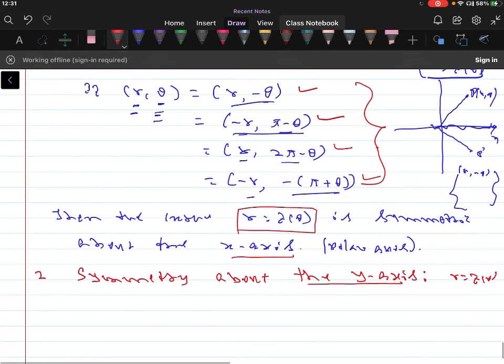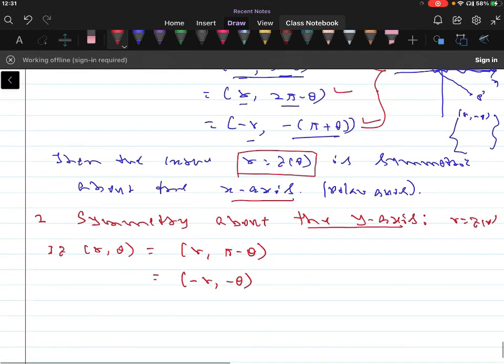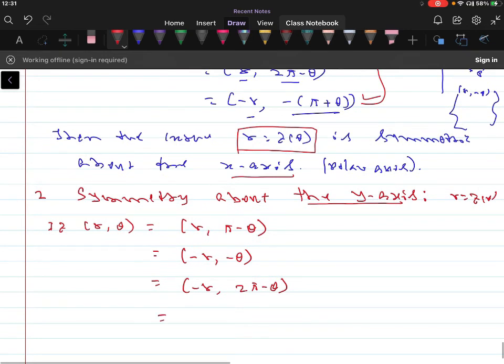Suppose the curve r is equal to f of theta is symmetric about the y-axis, so let us see the condition. If (r, theta) is the same as (r, pi minus theta), or if (r, theta) is the same as (minus r, minus theta), or you can write (r, theta) as (minus r, 2 pi minus theta), or you can write (r, theta) as (minus r, minus of pi plus theta).